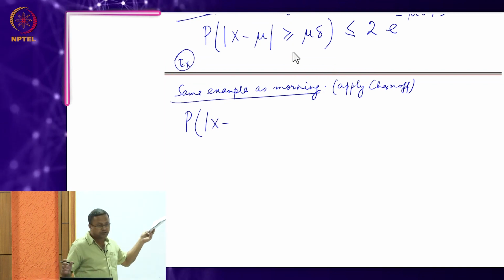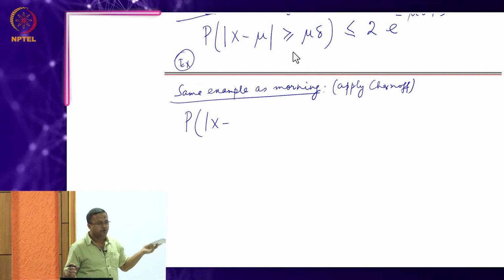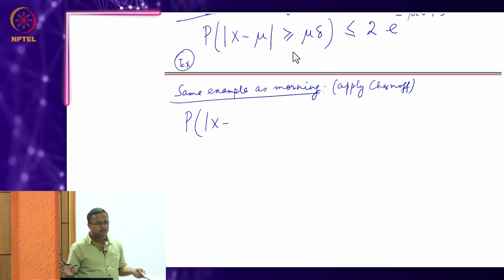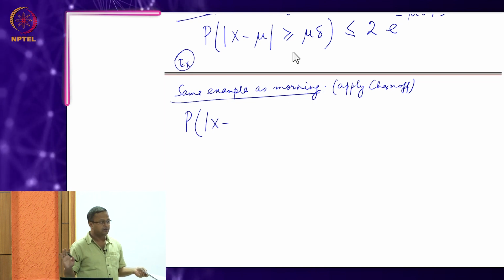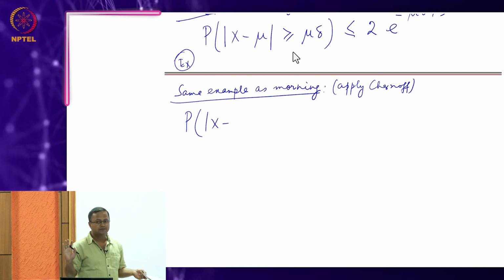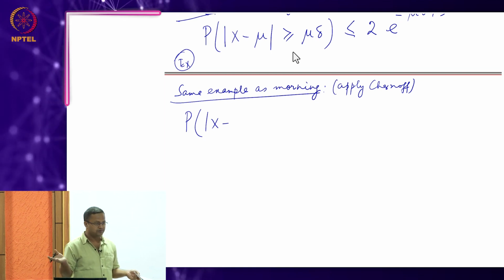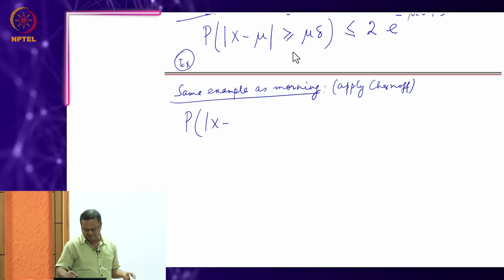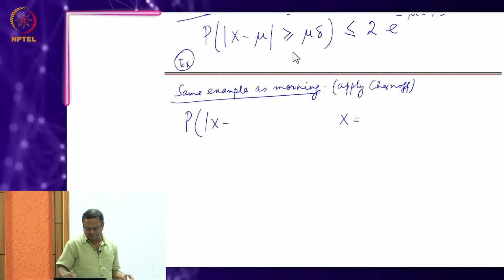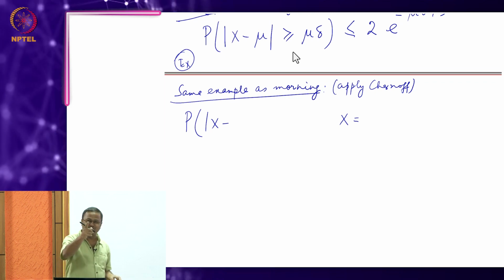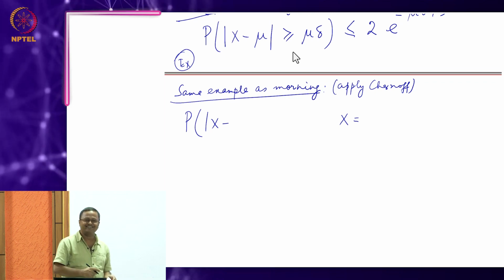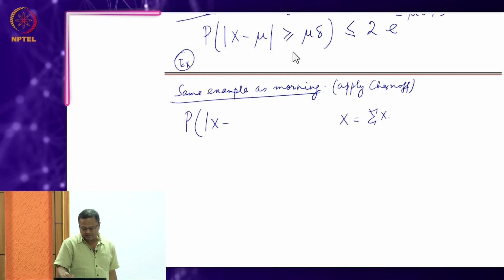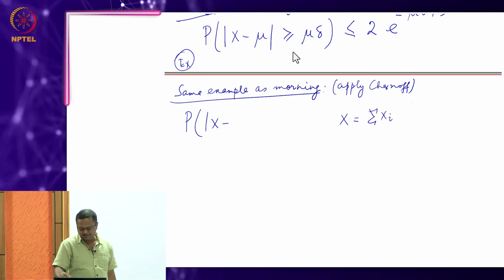X minus mu, right? So, mu for our case is n by 2. What is mu? You have confused them with that probabilistic method. X is the sum of xi's.